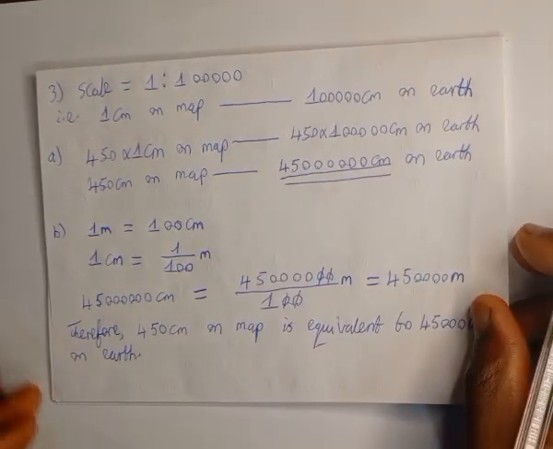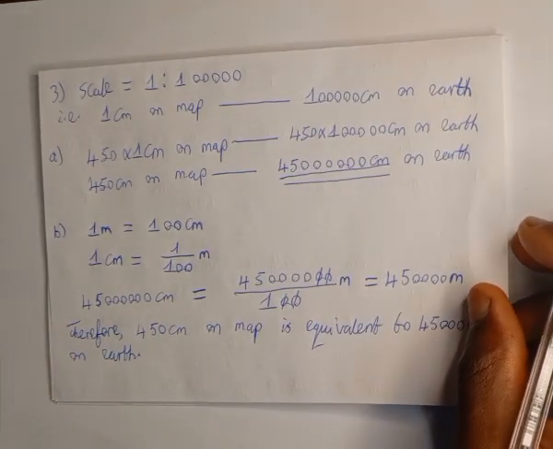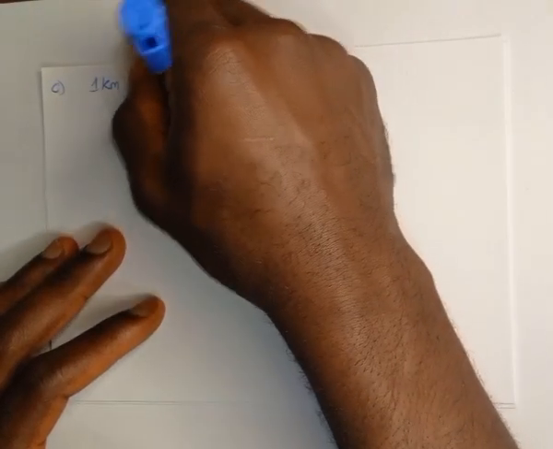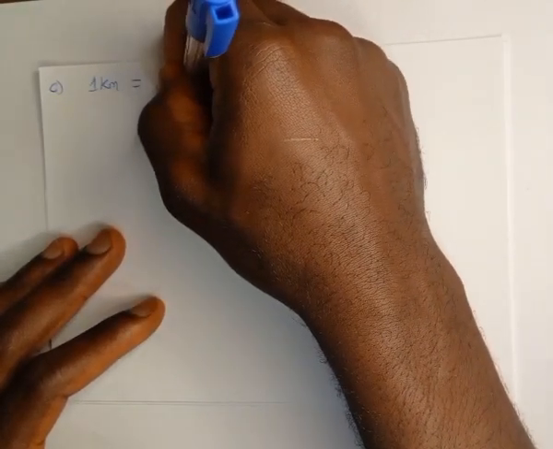We go now to the C, which is asking us to give it in kilometers. First, we know 1 kilometer is equal to 1,000 meters.